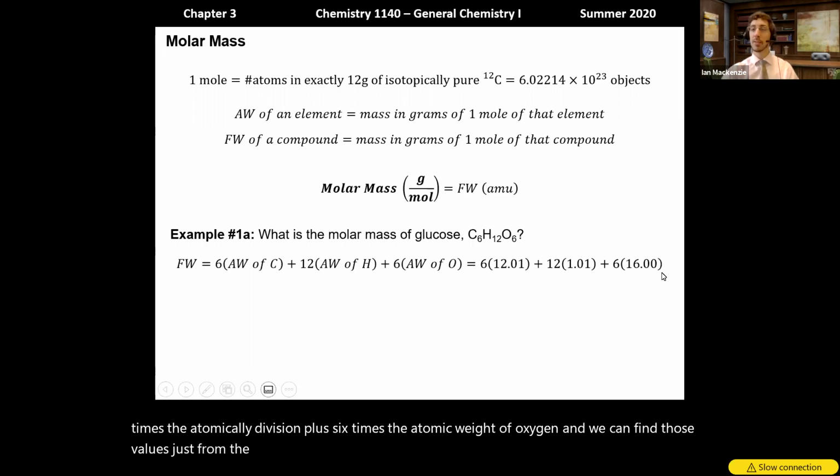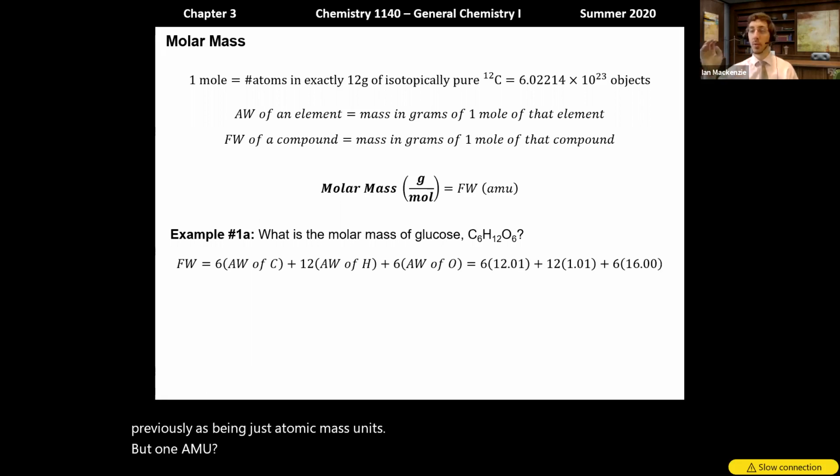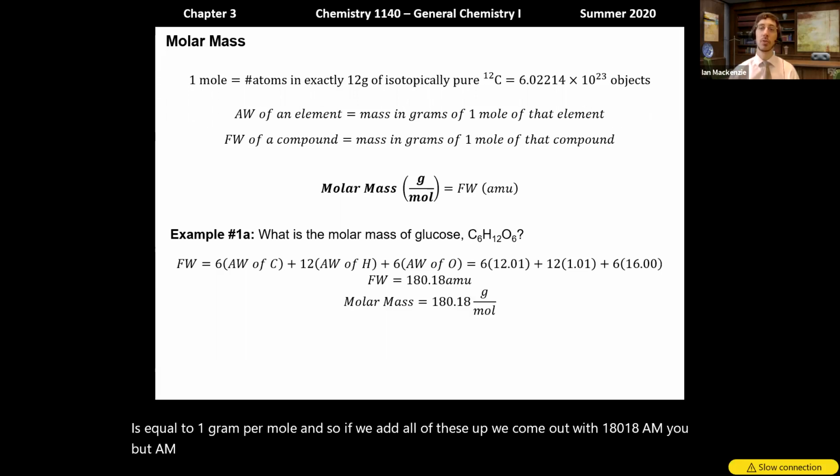We talked about those previously as being just atomic mass units, but 1 AMU is equal to 1 gram per mole. And so if we add all of these up, we come out with 180.18 AMU, but AMU is also just equal to grams per mole. And so my molar mass here is just 180.18 grams per mole.